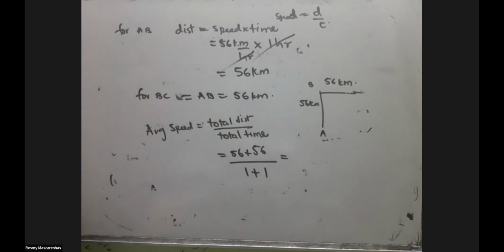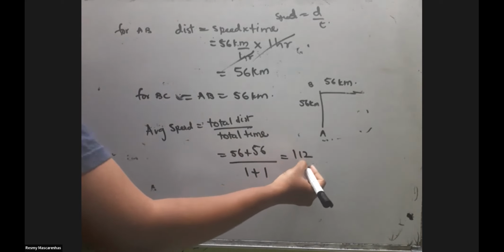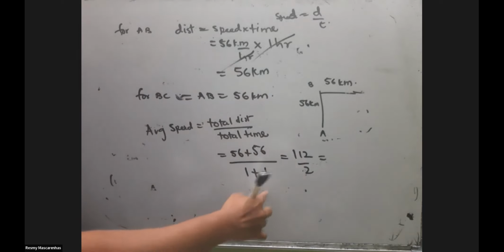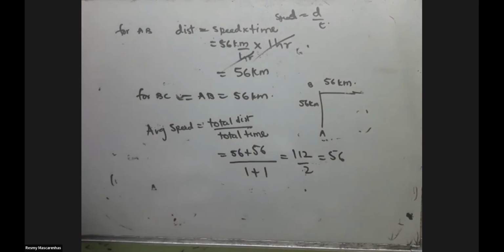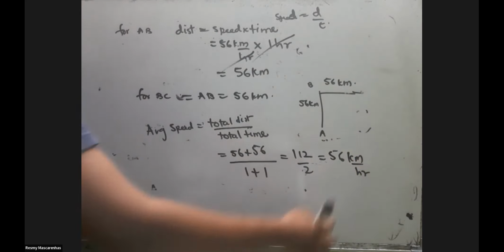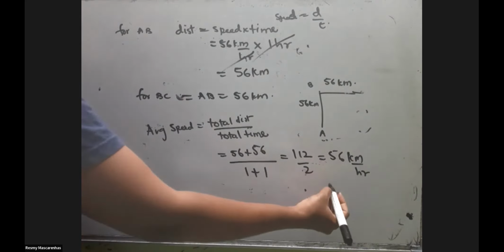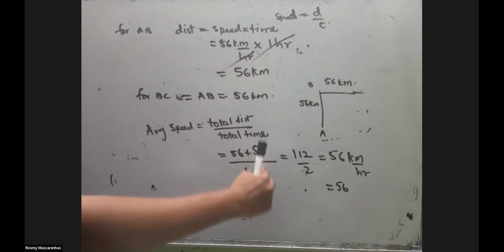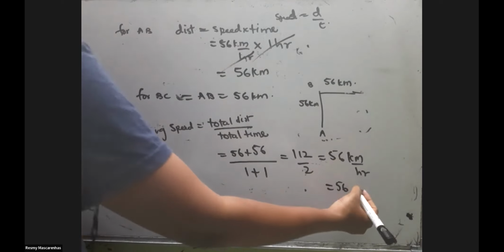So that would be 112, and kilometer per hour will be the unit. Now we'll convert it into meters per second. First also you could calculate and then do this, or at the end like this.